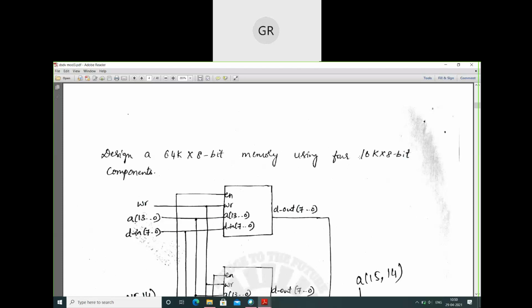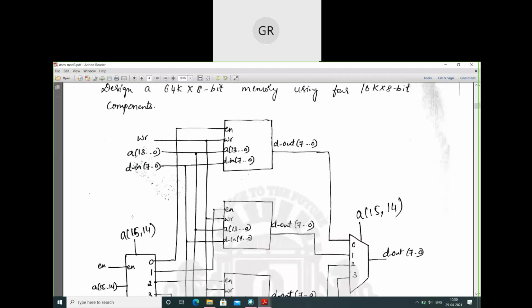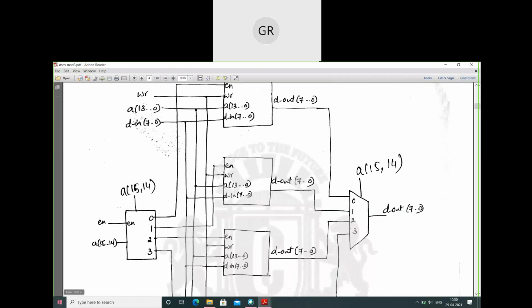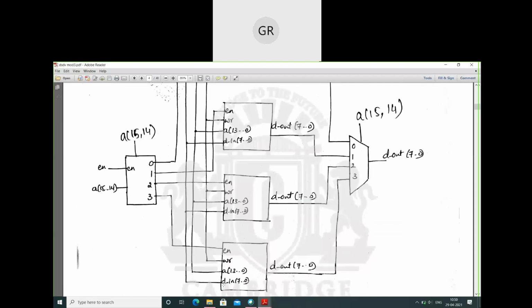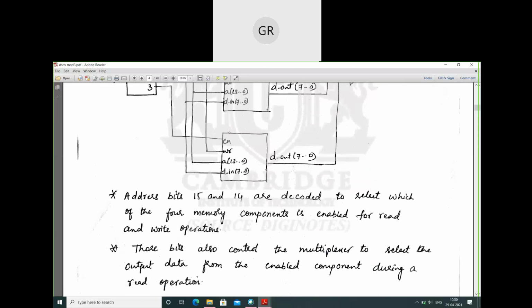Sorry, total address bits is 16-bit, right? Here 14 bits are the address bits. Remaining 2 bits, that means 15 and 14, can be used for selecting the output line. See here, they mentioned here the address bits 15 and 14.